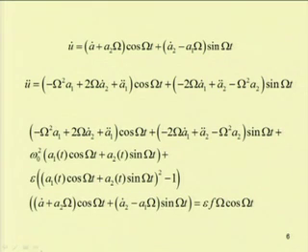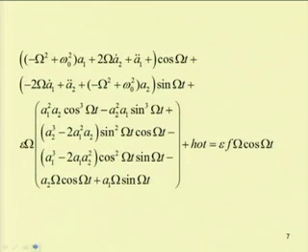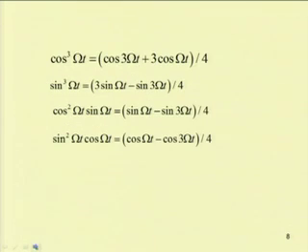Now we have to write this equation using harmonic terms. The terms sin cube omega t, sin square omega t cos omega t, cos square omega t sin omega t, and similar terms have to be written in terms of different harmonics.